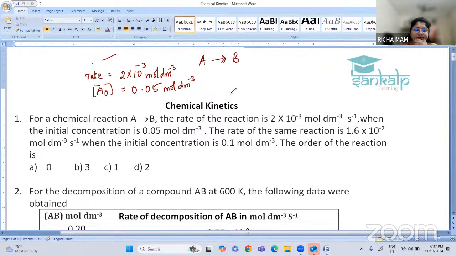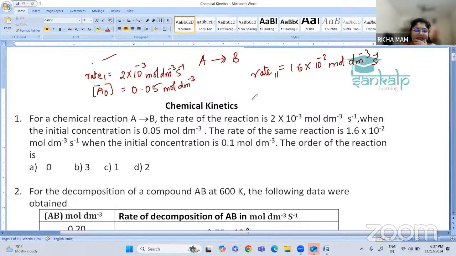So this is the first rate. The second rate of reaction is given as 1.6 into 10 raised to minus 2 mole per dm cube per second. Here is also per second.